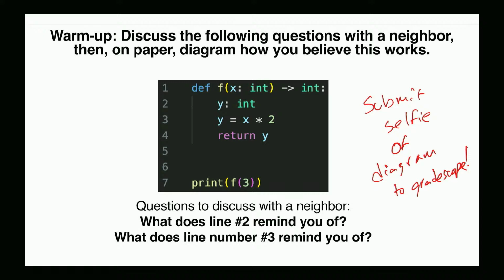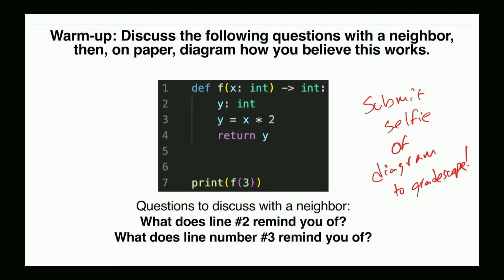And on line 3, this is similar to something else you've seen. Does anyone else want to take a stab at what line 3 reminded you of? It reminds me of a function that you would graph. A function that you would graph, sure.